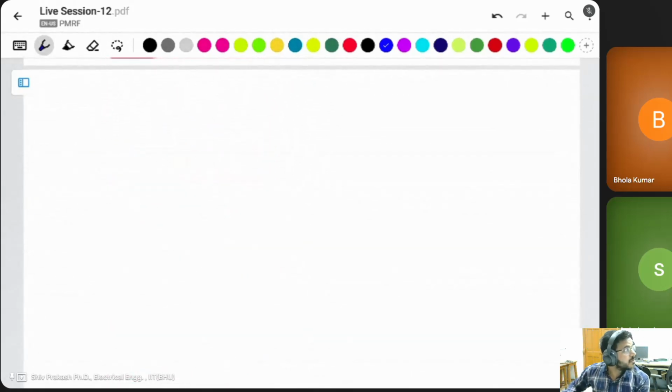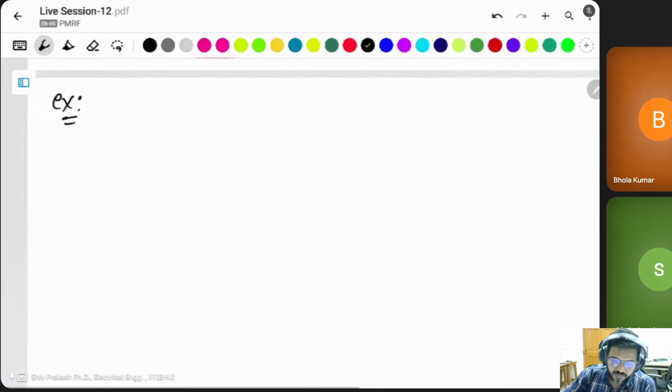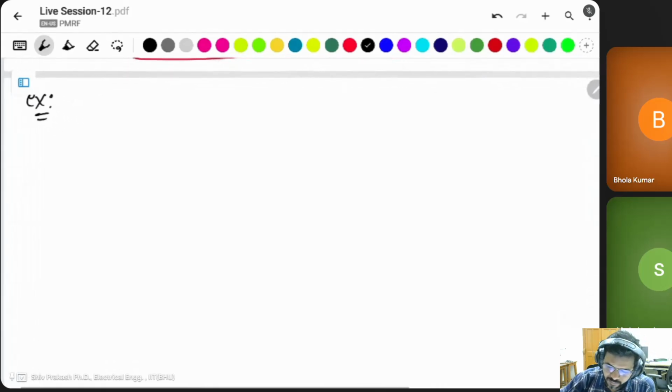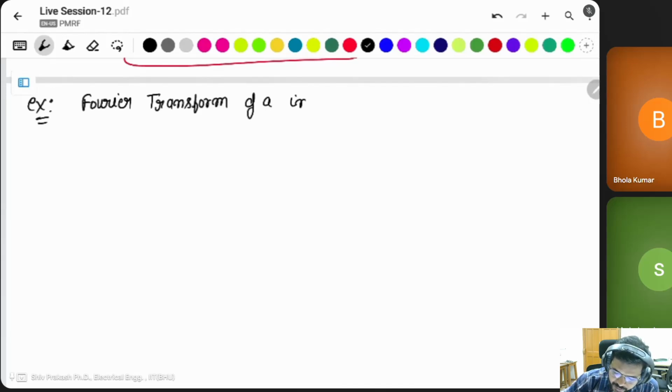Let's take an example about this one: the Fourier transform of an impulse train.